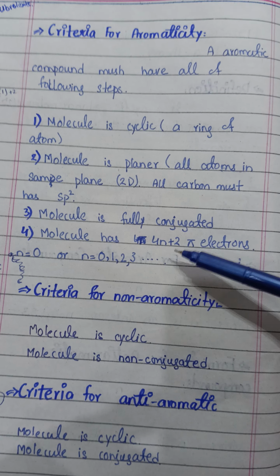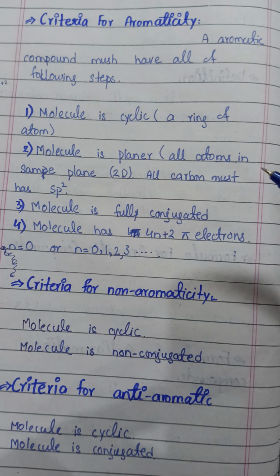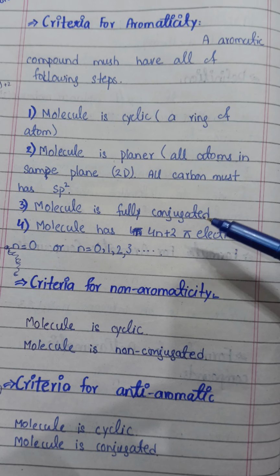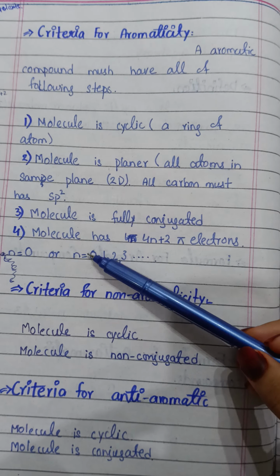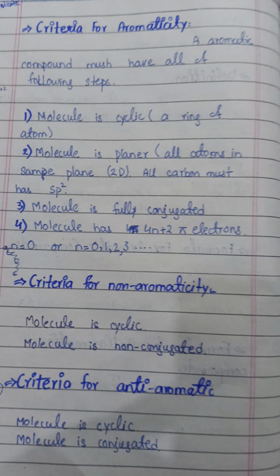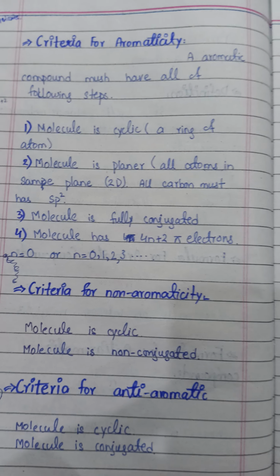And the molecule should be fully conjugated, meaning that it should show pi sigma lone pair and pi sigma positive charge. Conjugation means resonance. The molecule should obey the 4n plus 2 pi electrons rule, which is Huckel's rule, where the value of n is 0, 1, 2, 3, and so on.